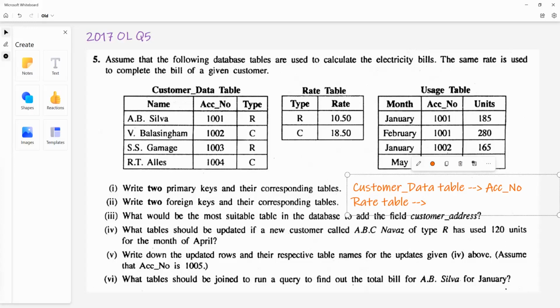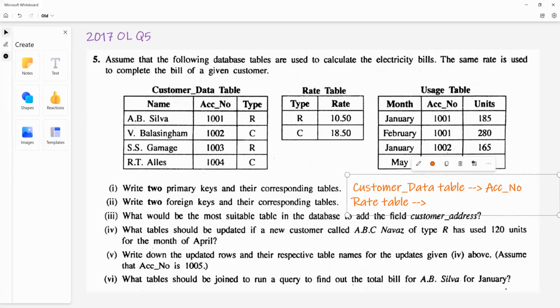I want to hear the answer. Yes, Sidhija.